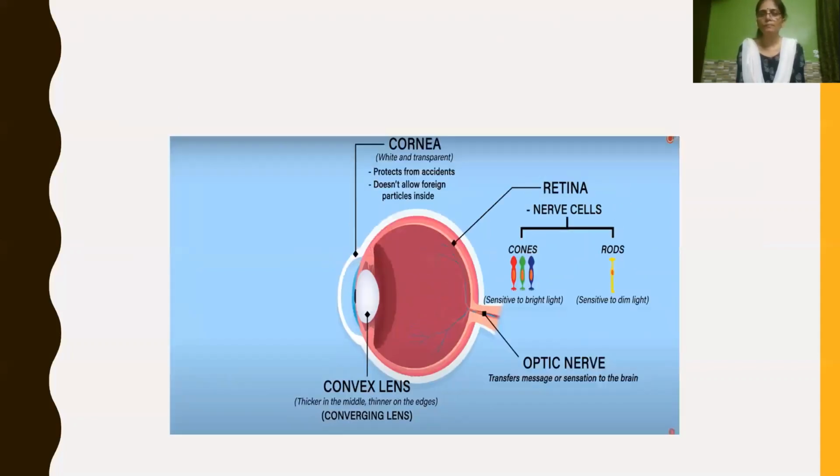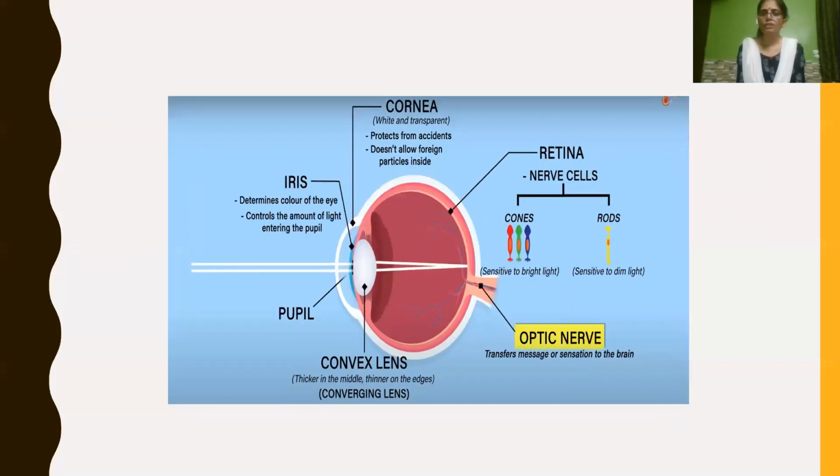And then we have seen about the optic nerve. It transfers messages in the form of electric impulses to the brain. So children, here is the full structure of the eye: we have cornea, iris, pupil and lens, which are the front part of the eye, and behind we have retina and optic nerve.